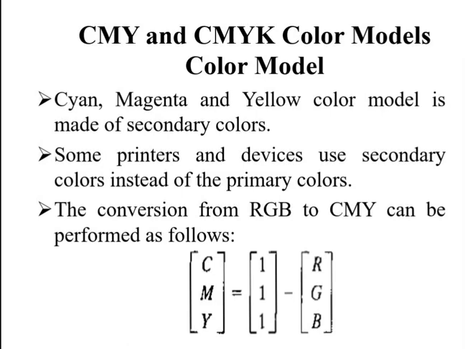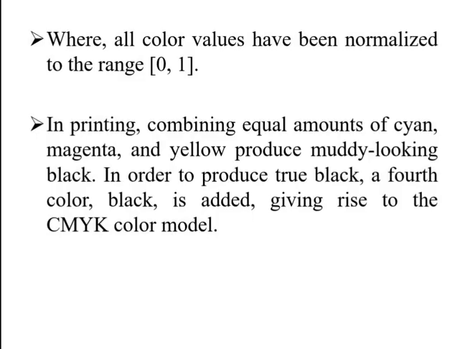This conversion is performed using a simple operation, that is, [C M Y] is equal to [1 1 1] minus [R G B], where all the color values have been normalized to the range [0, 1].